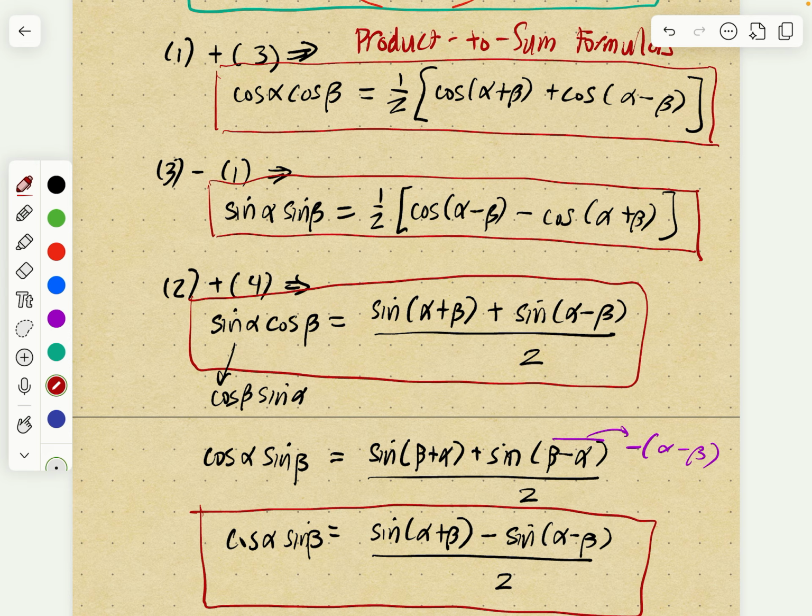And when would you ever need to do that? Well, actually, it turns out that this product to sum formula, we will see in another video, when you use it, you get some somewhat surprising facts about sine and cosine and the integrals. And these play an important role in something called Fourier series.